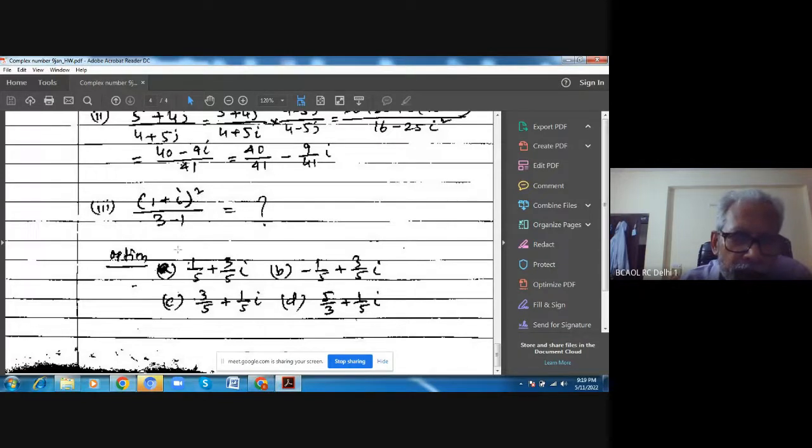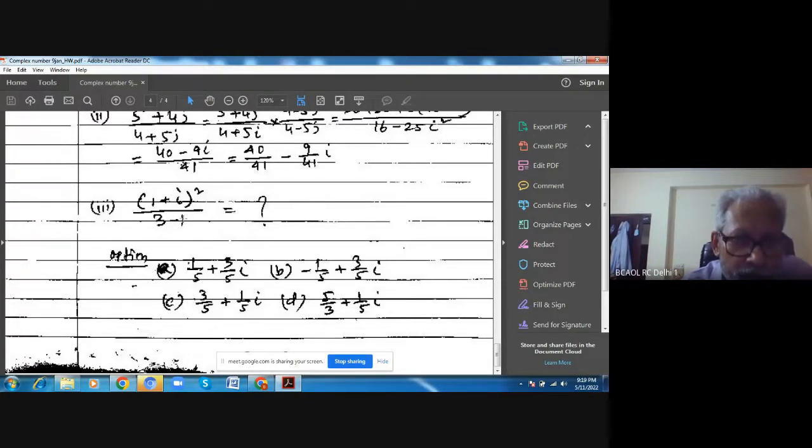This is another question I have given. There are 1, 2, 3, 4 options. It is a conjugate. So you can do it right now, only 1 or 2 steps. Tell me which one is correct. Now you see in this case it is 3 minus iota.